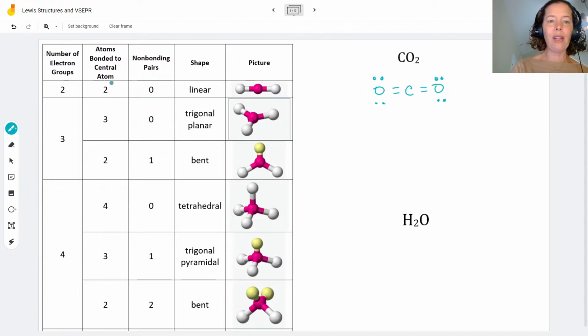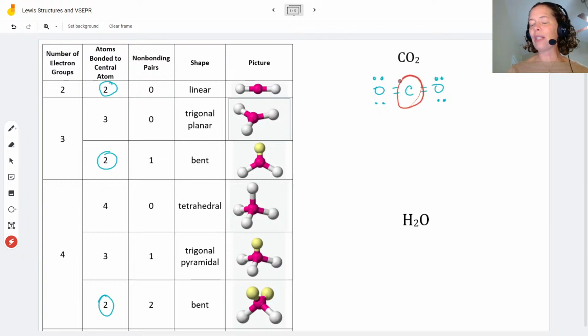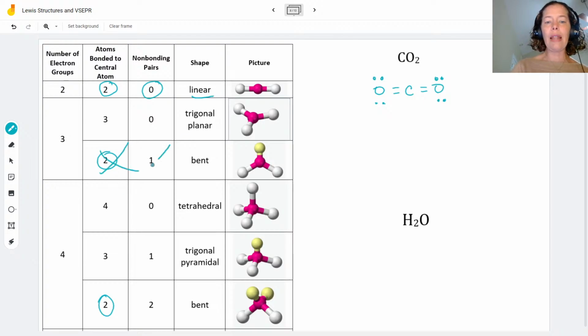So I have a lot of possibilities where my central atom is bonded to 2 atoms. Now I'm going for lone pairs on my central atom, and carbon has no lone pairs, it's got nothing. So I am going to be linear, not this one and not that one. Here we go, carbon dioxide is linear.